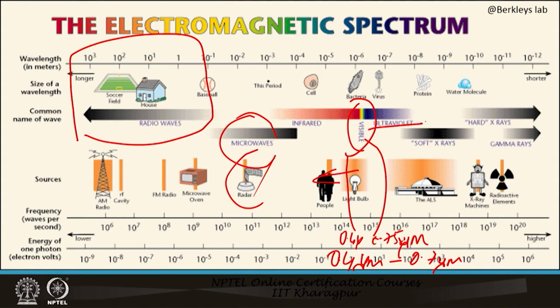Then you have ultraviolet, then you have soft X-rays, and this is also called infrared, where you have short infrared, mid infrared and far infrared, and then thermal infrared, until 10 to the power of 15. Then you would have hard X-rays and gamma rays, okay. So, that is about the electromagnetic spectrum.